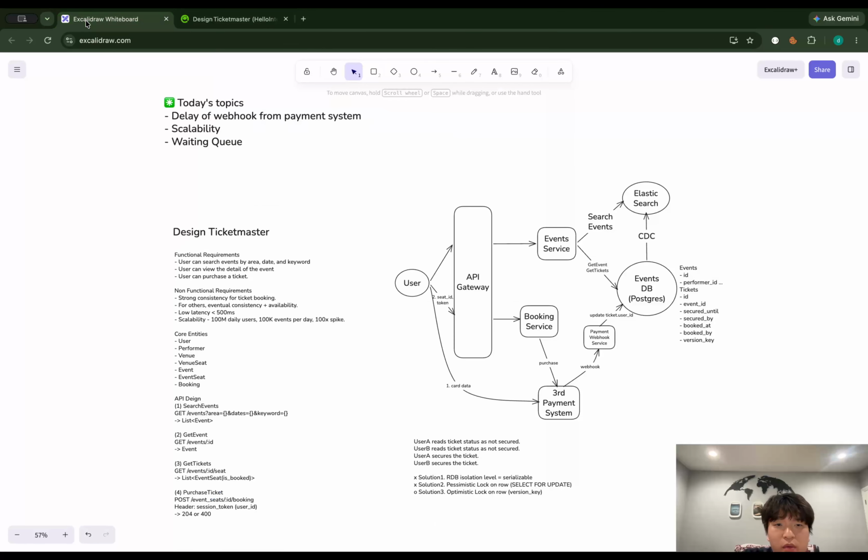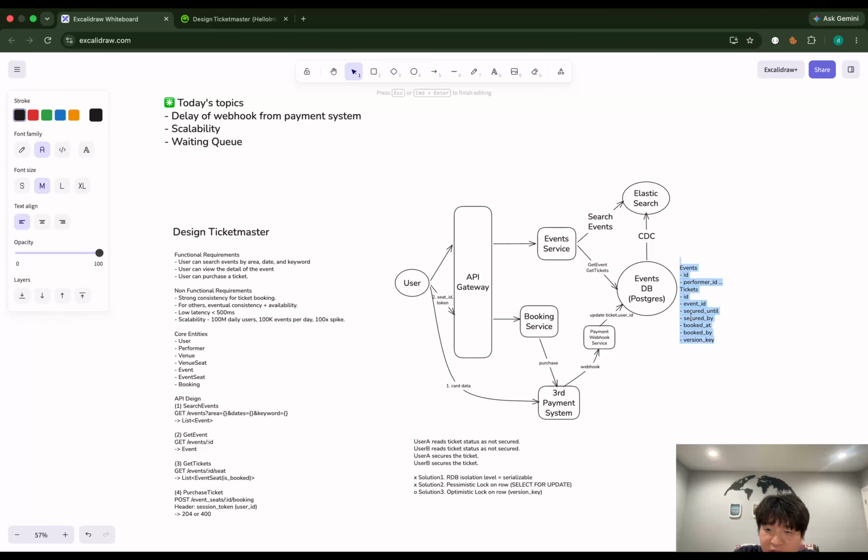So I think we need two timestamps here, secured at and secured until. We accept the payment if the timestamp is before secured at plus 10 minutes. But this seat is not available for other users until secured until, which is 10 seconds later than secured at.